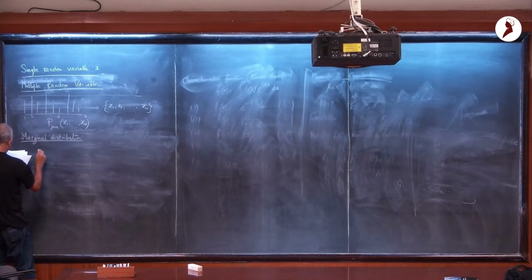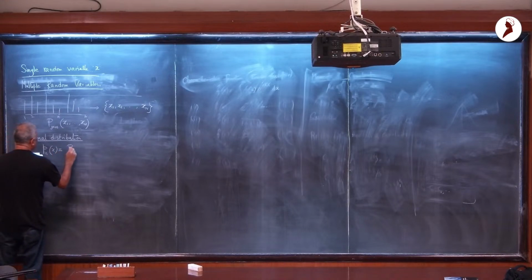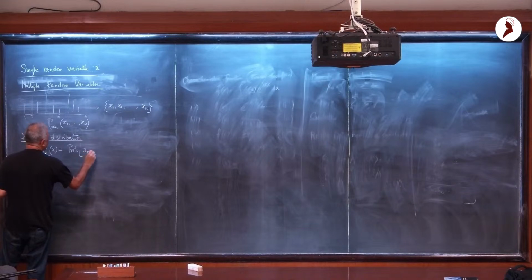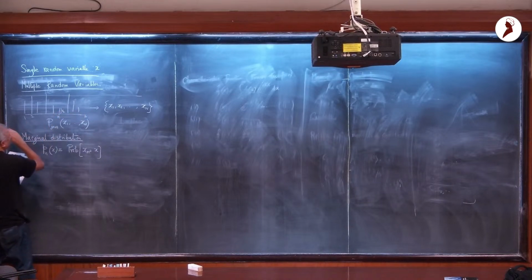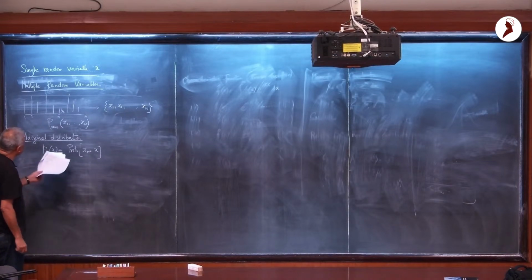I'll call it P_n(x), the probability density of xn.